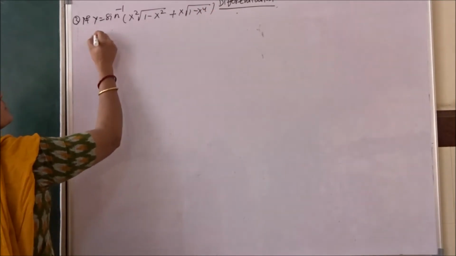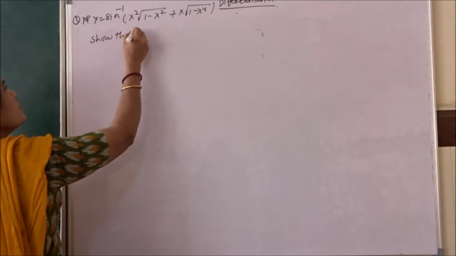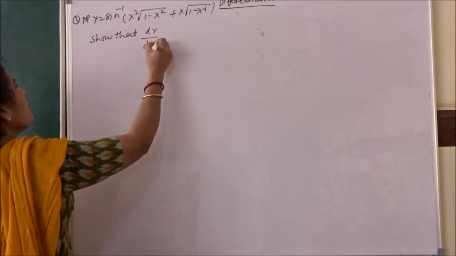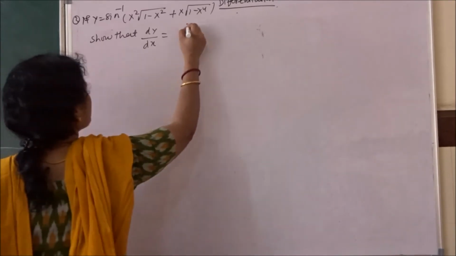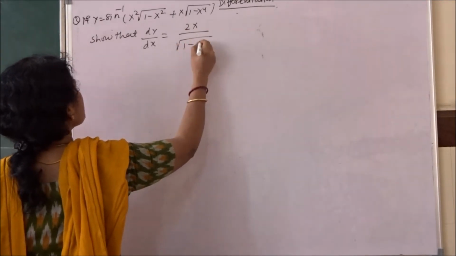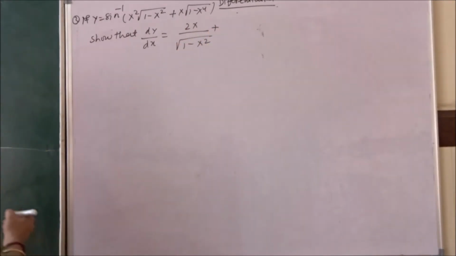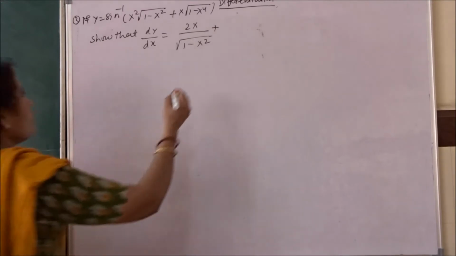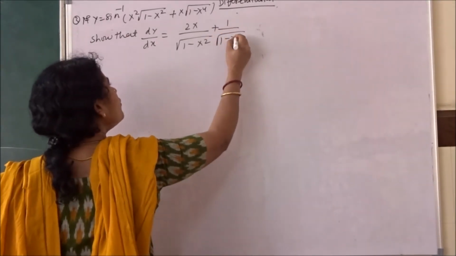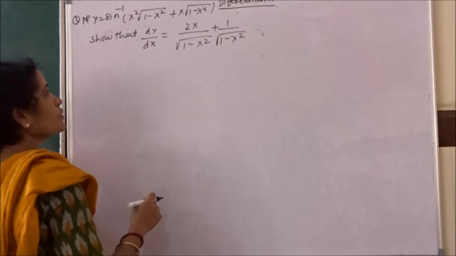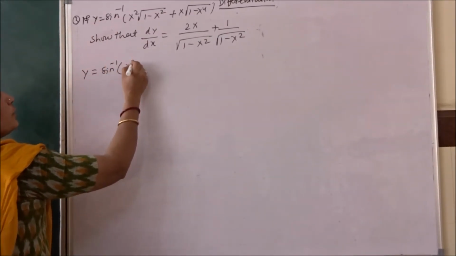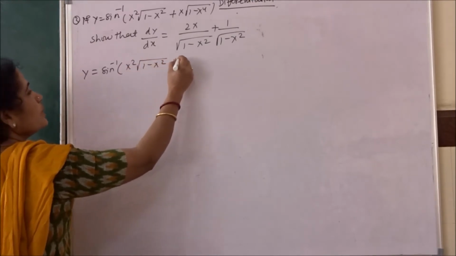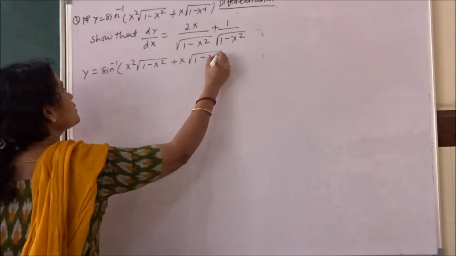Otherwise sometimes they will ask to show that dy by dx is equal to 2x upon under root of 1 minus x square, plus 1 upon under root of 1 minus x square. We will come to know after doing the differentiation. Now let me take the question: sine inverse of x square into under root of 1 minus x square plus x into under root of 1 minus x power 4.